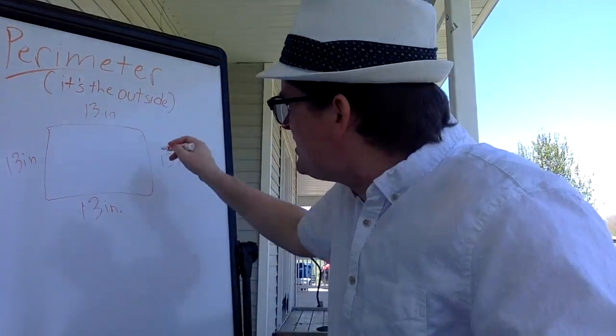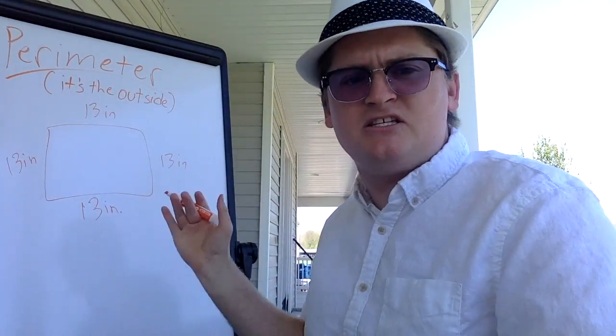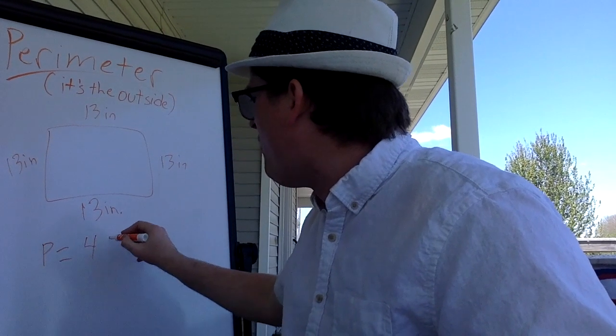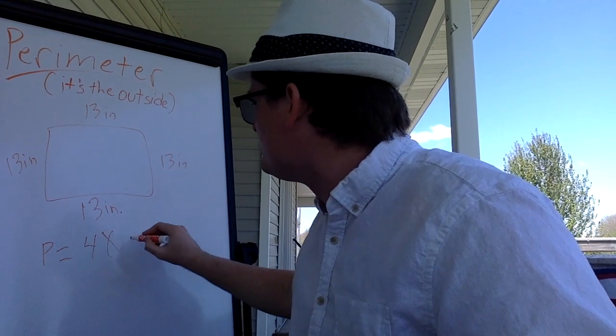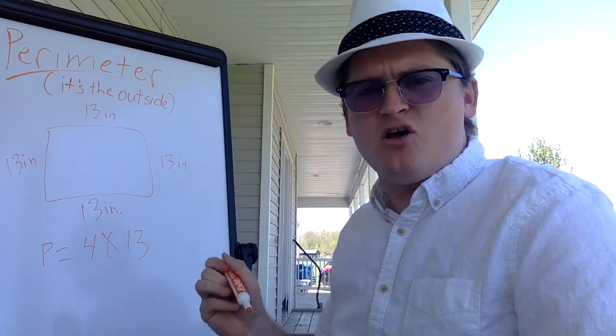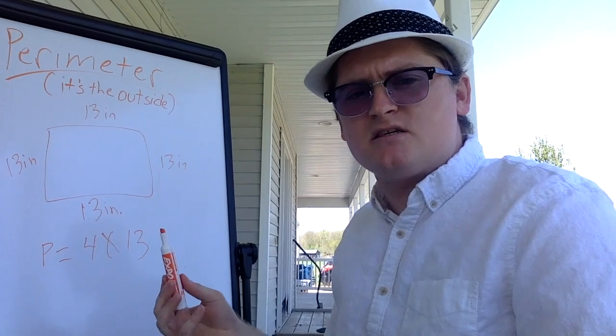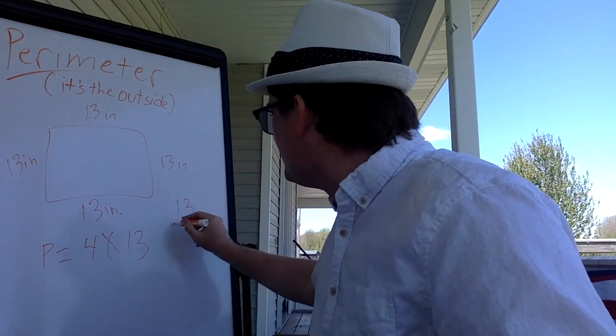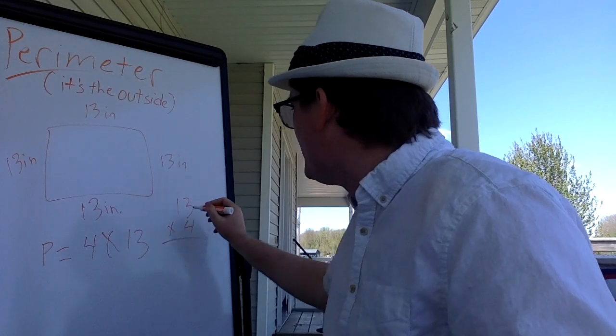Or, because there are 4 sides at 13 inches apiece, I could go P equals 4 times 13. I know this might be a little bit advanced, but we'll set up 13 times 4 this way.